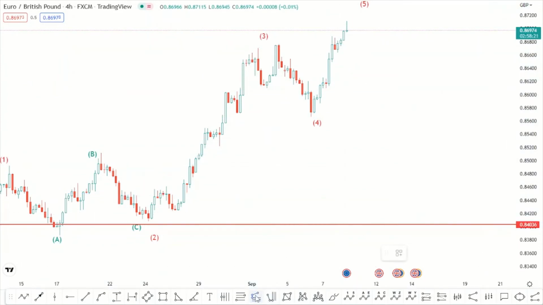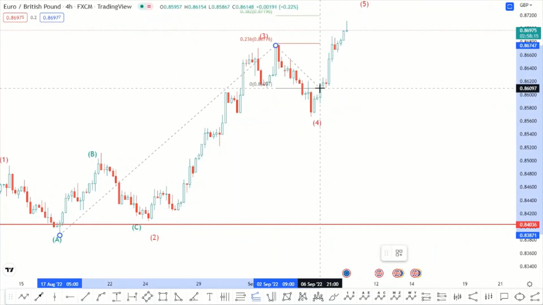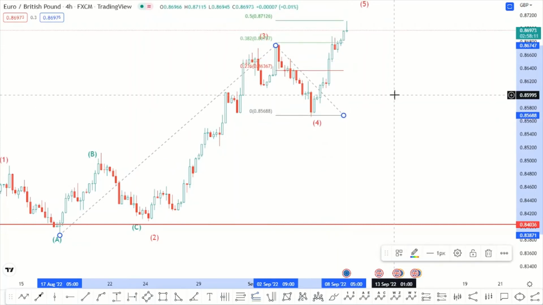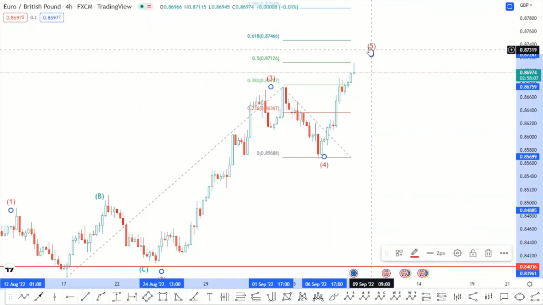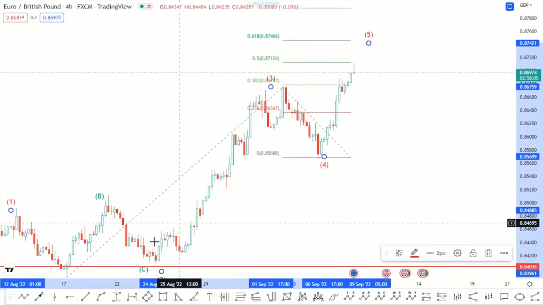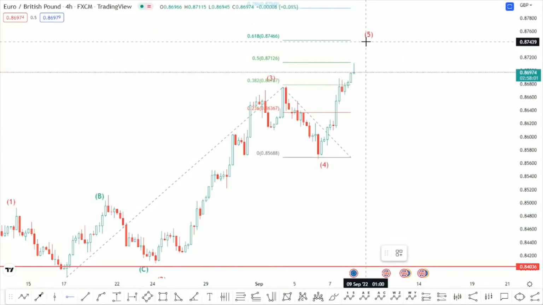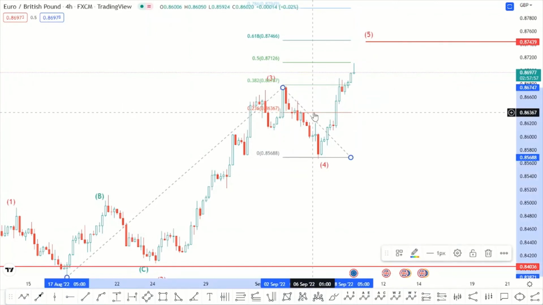We're going to use the fib trend base extension from 2 to 3 and then to 4, where 4 terminated. Usually we need 61.8, right? 61.8 of the trend base fib extension, where we think price is likely to head lower. This cycle is likely to come, but it can move beyond it.